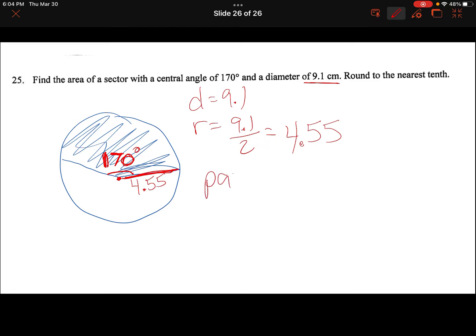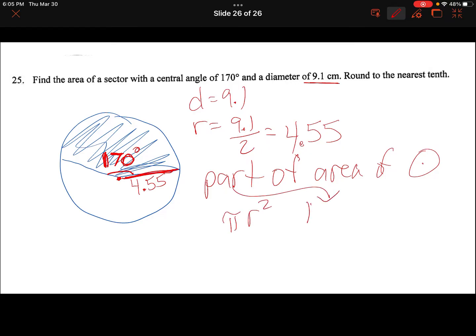Now, we want a portion. This is part of the area of the whole circle. Well, the area of the circle is pi times radius squared. And the part that we're working with is 170 degrees out of the 360. So we want 170 out of 360 times pi times 4.55 squared.